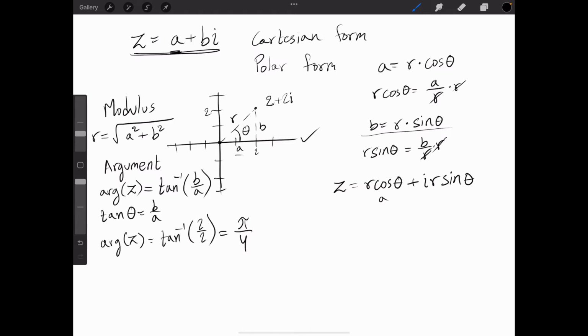Both terms have R in common, so you can take that out. Z is equal to R times cosine theta plus I sine theta. And that is polar form.